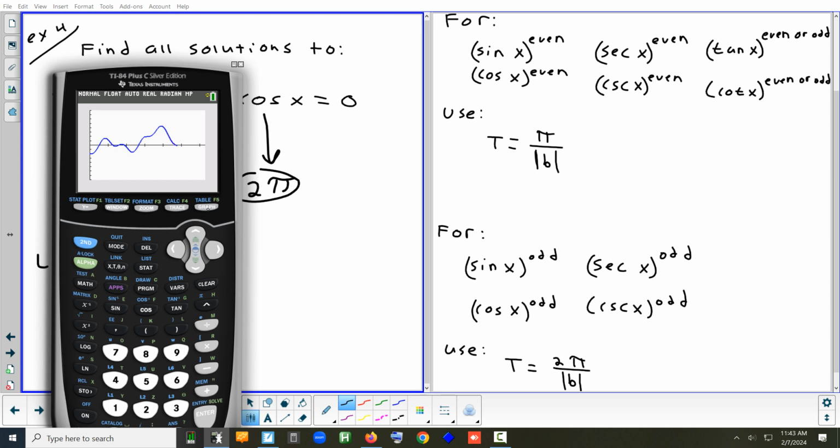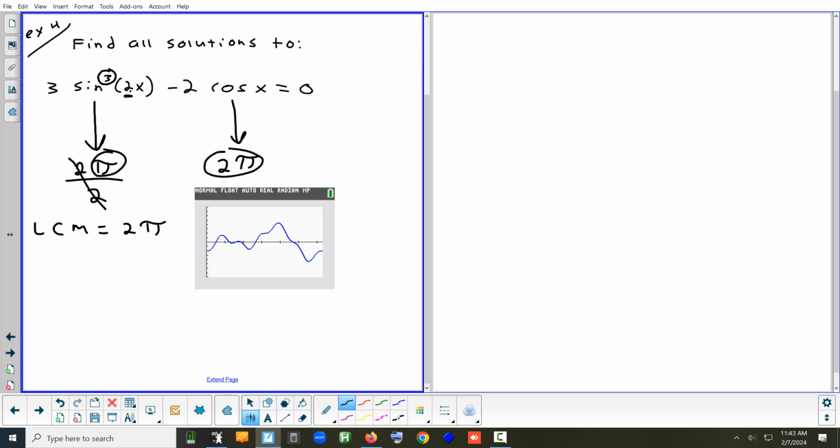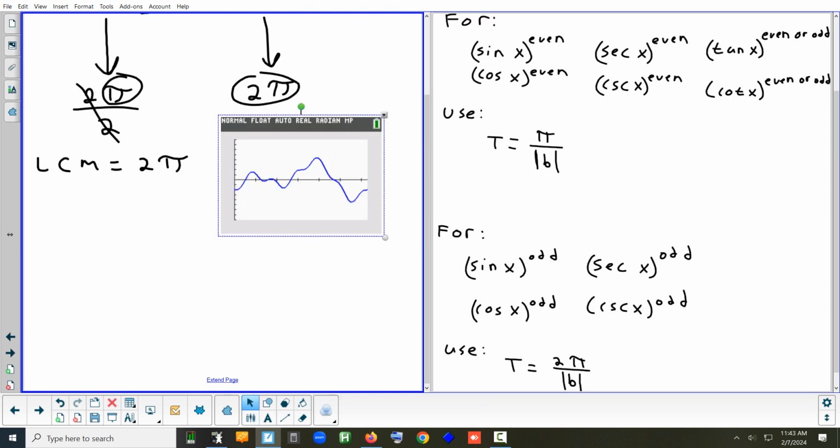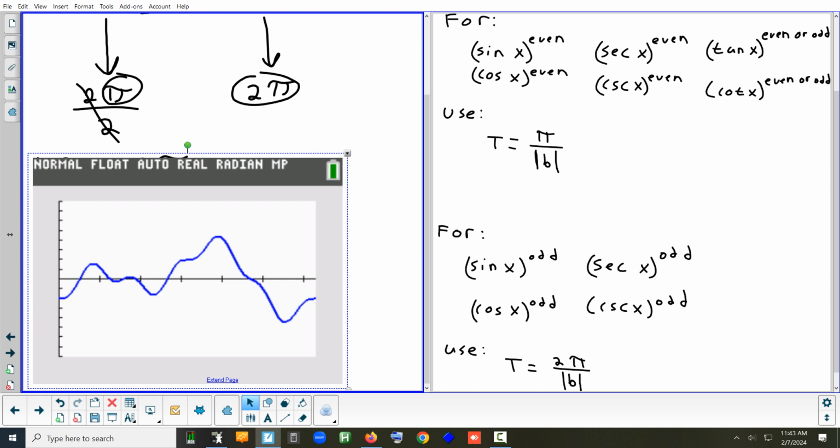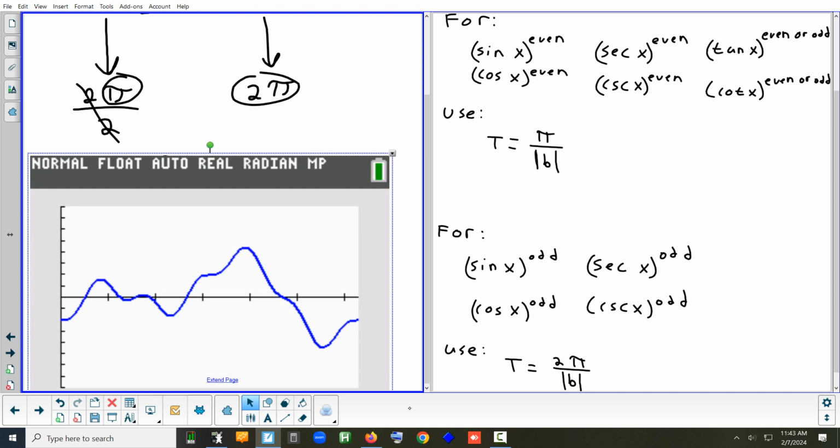How many times does it look like it crosses the x-axis? At least 6. We're going to need to zoom into the second and third interval probably, because it could cross a lot more times. So it does cross 6 times.